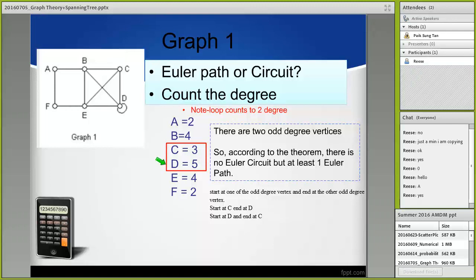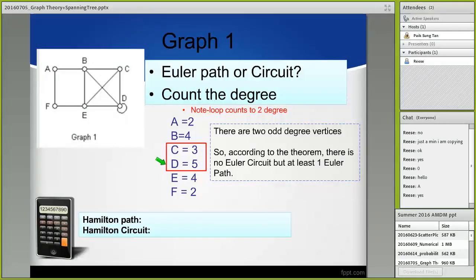Okay? Alright, good. Now let's look at Hamilton path and Hamilton circuit. We need to draw a path that passes through each and every vertex exactly once. That's for a Hamilton path.